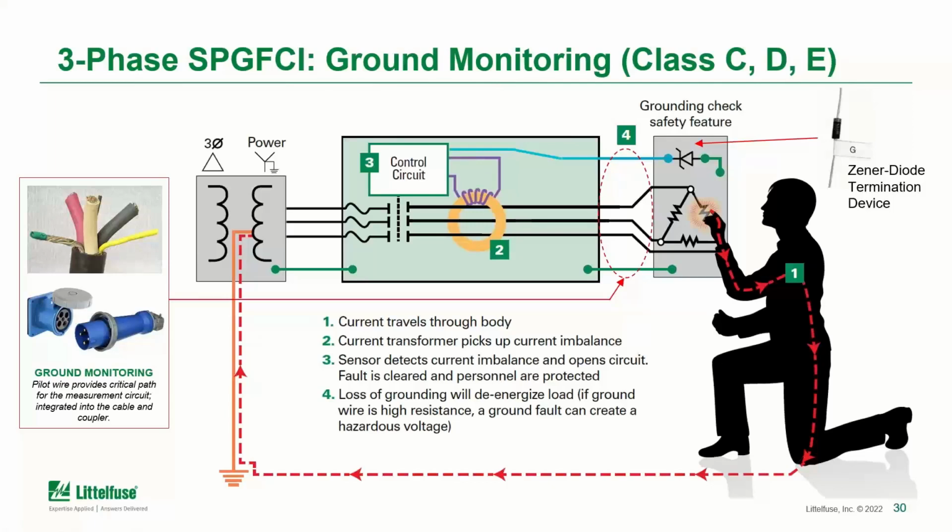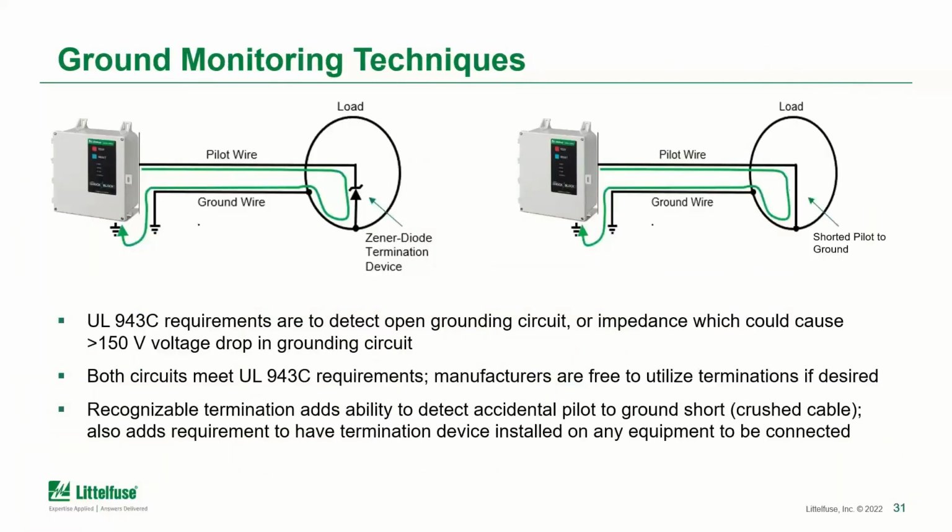Typically, this ground monitoring or ground measuring circuit is accomplished with the addition of a pilot wire. That's an additional conductor in the cable, and therefore would be an additional pin in the couplers that you're using as well, in order to provide a circuit loop that you can use for a measurement. That allows the special purpose GFCI to take a measurement of that ground return resistance.